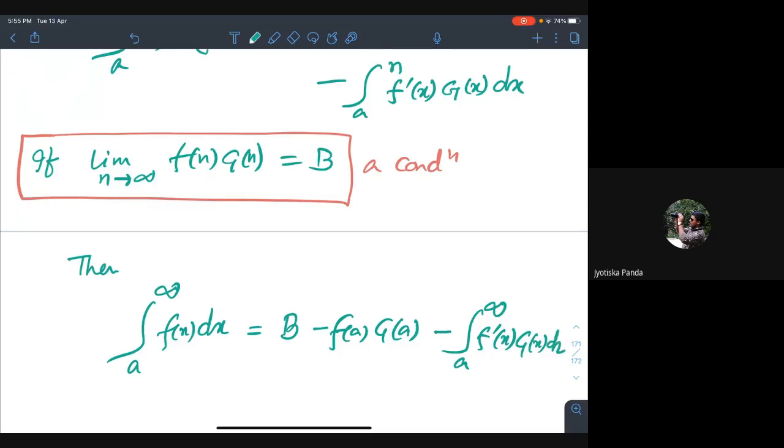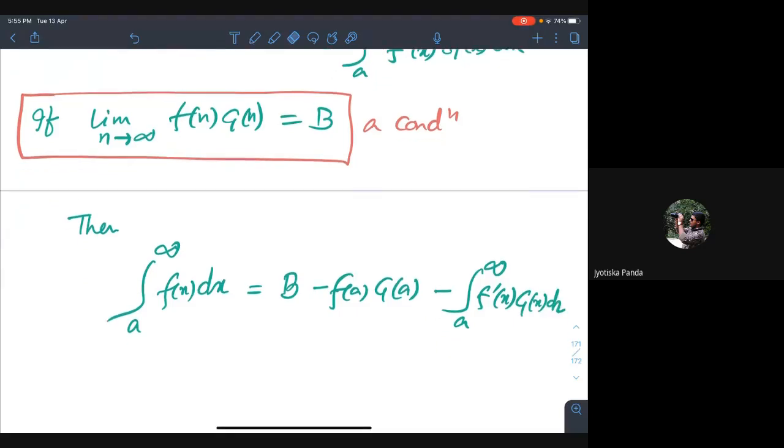So this is a condition. Another condition is that this limit exists. Once this limit exists, this integration is finite, or exists, if and only if this integration exists. This is convergent.